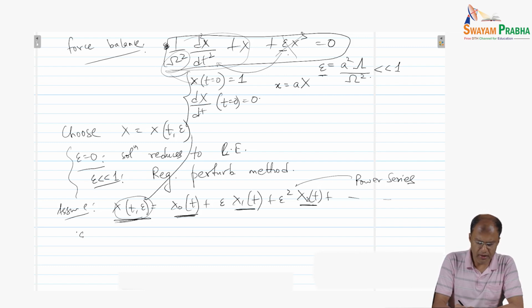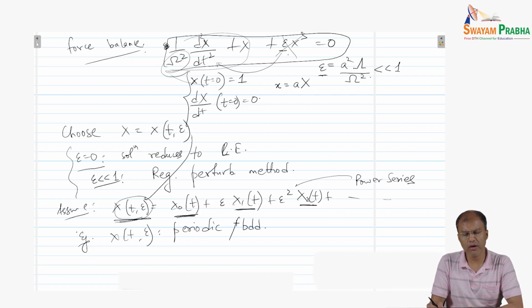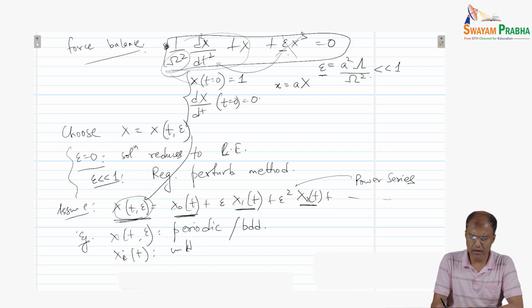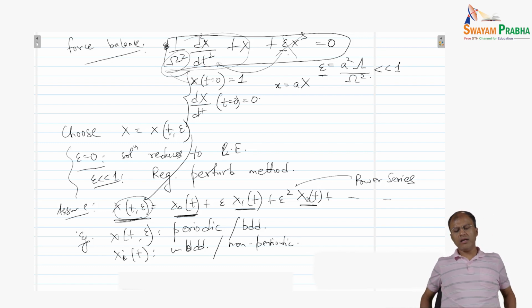For example, we may have that x of t comma epsilon is periodic and bounded, while xi of t are unbounded, and they are non-periodic. They are unbounded and non-periodic, right? So x of t comma epsilon is bounded, and this is very much the possibility.